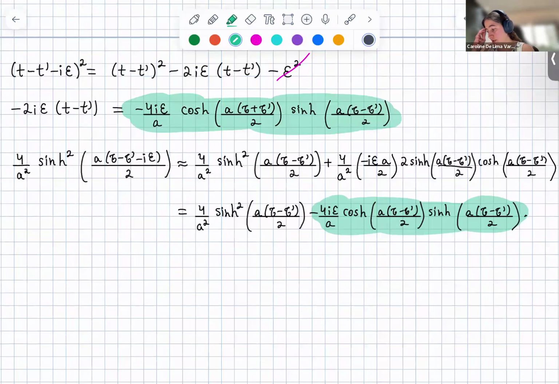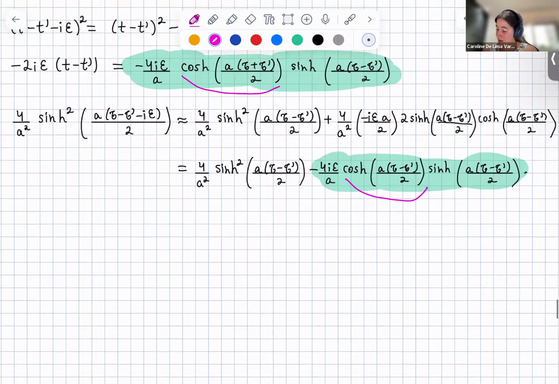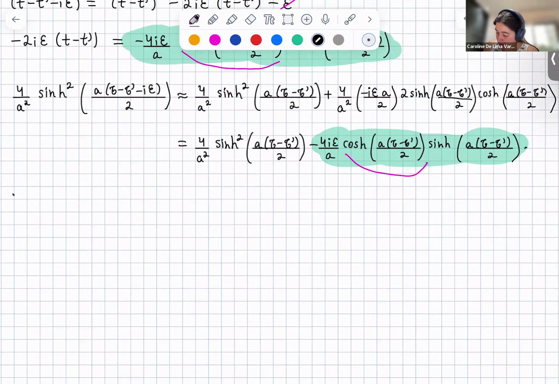Because this cosh here comes with the sum, whereas this cosh here comes with the difference. That is basically the only difference. However, recall that cosh is always positive, so both of those are going to be positive, right?